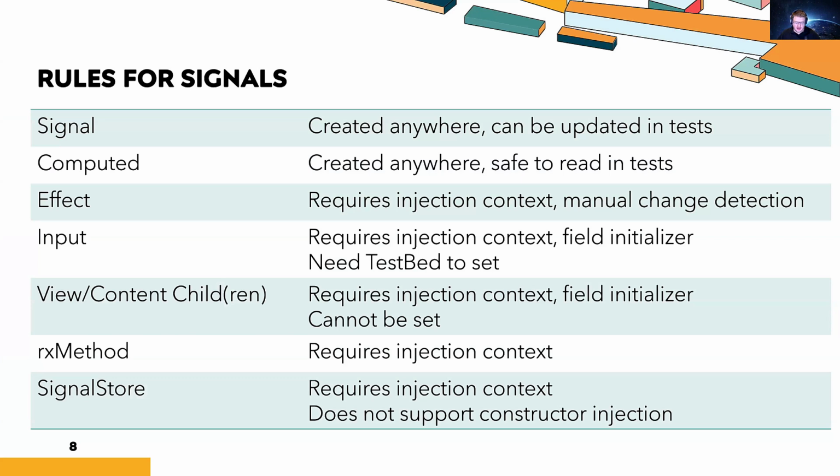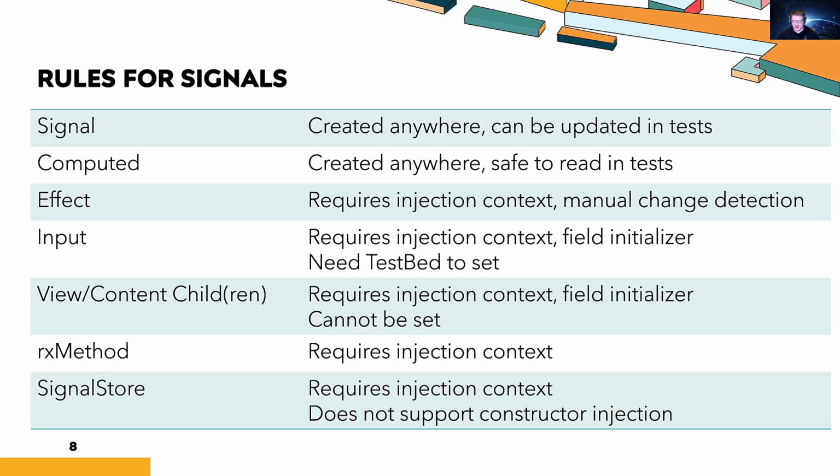Or, to use the Angular terminology, it requires an injection context. The decorator replacement signals also can only be created as field initializers. That means you can't put a facade service in between in order to abstract that dependency on the injection container.